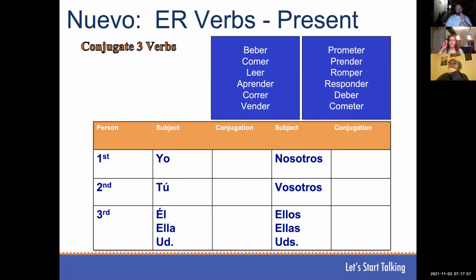All right, good. Carly? Yo comito, tú comites, careful, it's not comito, it's cometo. Cometo, cometes, comete, él comete, ella comete, usted comete, nosotros cometemos, ellos cometen, ellas cometen, ustedes cometen. There you go.